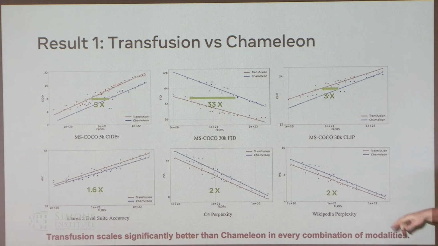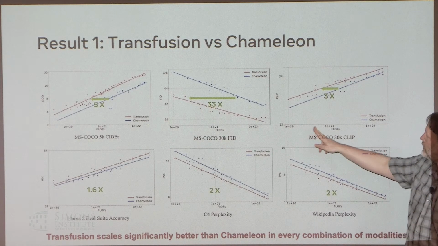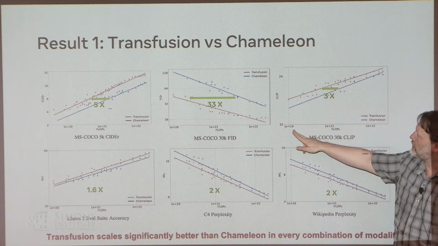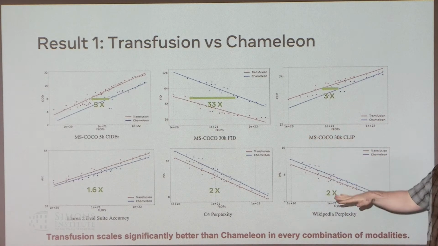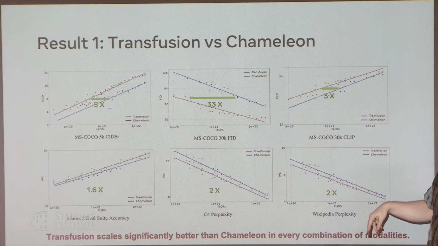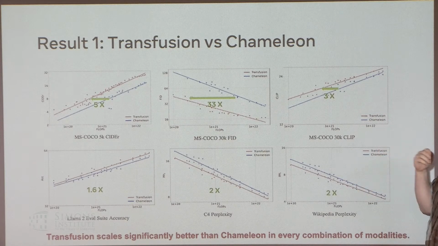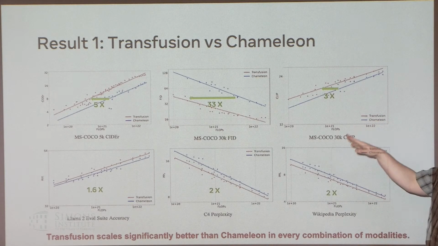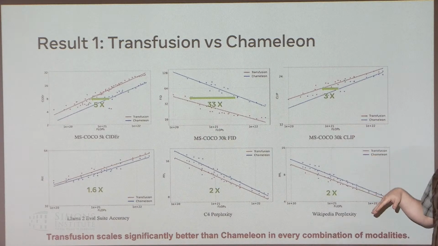And you got these nice constant factors. What I'm showing you here is training FLOPs, like how much actual training you've done, for a bunch of different metrics on a bunch of different tasks, some text-based, some image-based. And in every case, you're getting much, much better scaling trends from Transfusion than from Chameleon.